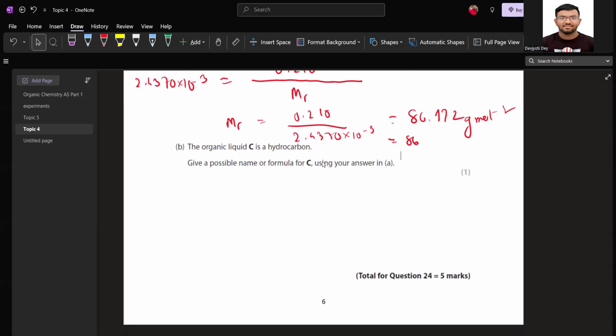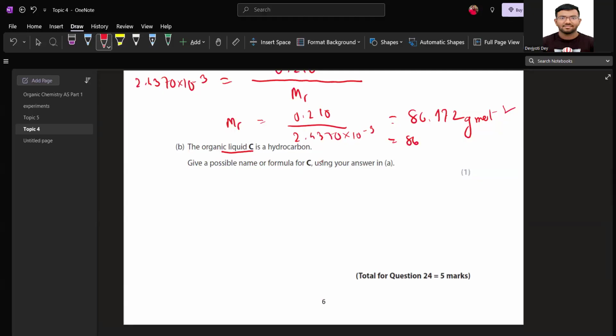Now they said it's a liquid, right? Since it's a liquid, that means it must have a longer chain. So it should not be propane, ethane, butane or methane, because since it's a liquid, it's not in gaseous form.